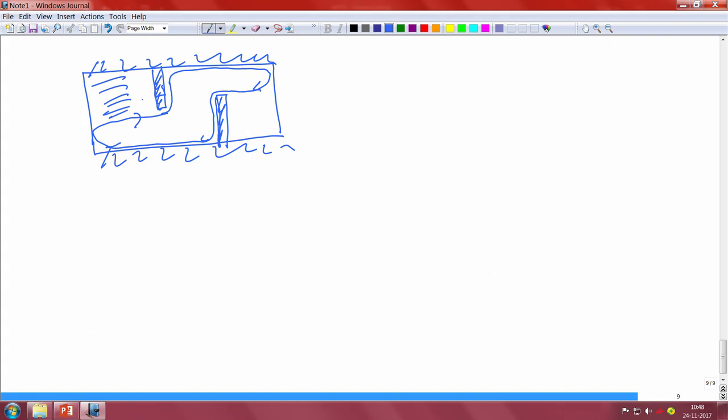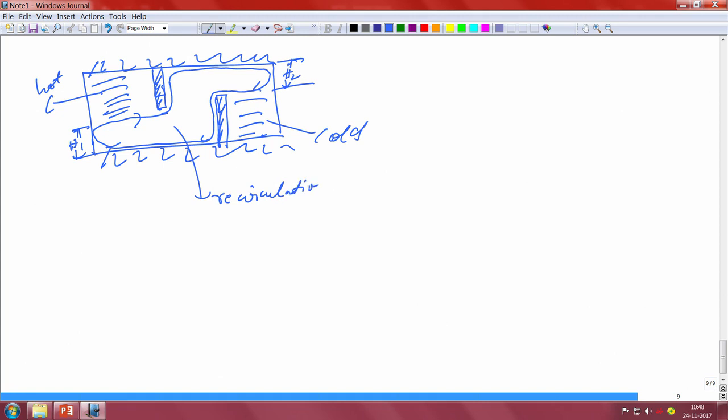Here it will be once again cold, this will be hot, and this is H1 and this is H2. So, this is the recirculation that you create, and this is the trapped fluid. So, this is like a fluid trap phenomenon that you have.